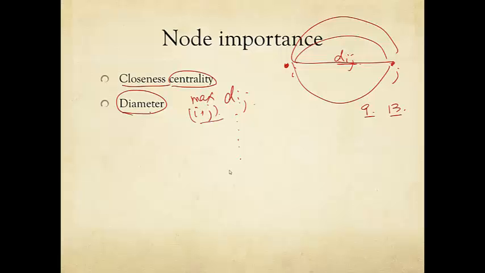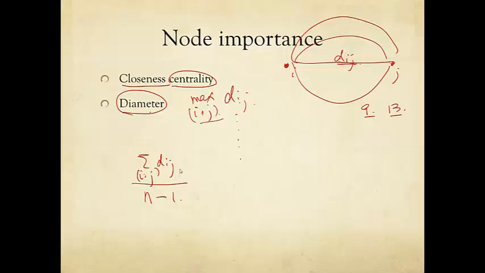We can also look at the average instead of the max of these dij's. So we can sum up the dij's, and then normalize. For example, we can normalize by the number of nodes, or the number of nodes minus 1 as is the convention.